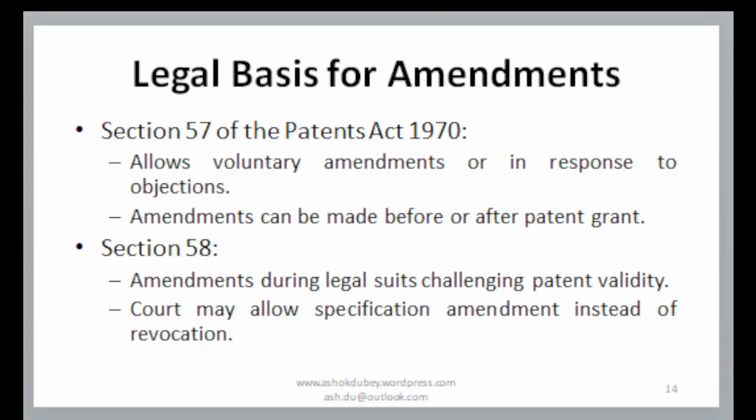See, one can narrow the claim, but cannot expand. The legal doctrine behind that: when you try to expand the claim, compared to the original application, you are infringing, or you are trying to enter the third party's right. That is the very gist of this legal system. These amendments were found to comply with Section 57, and it was allowed.